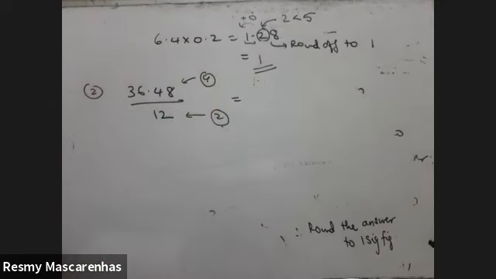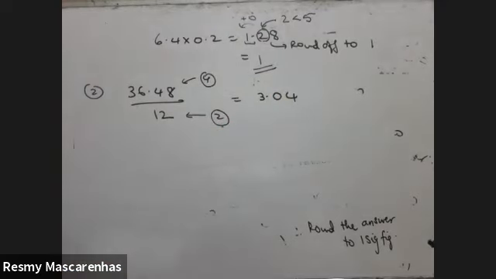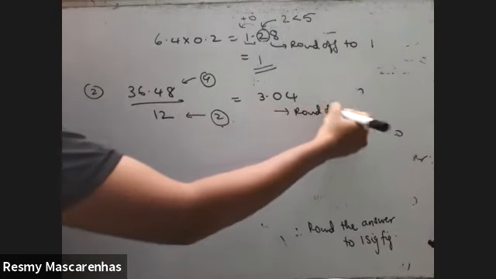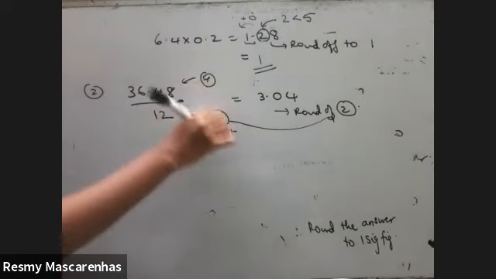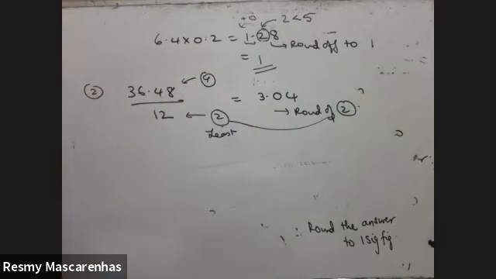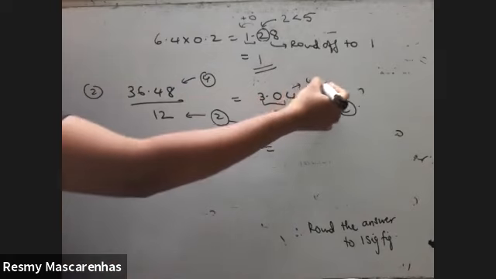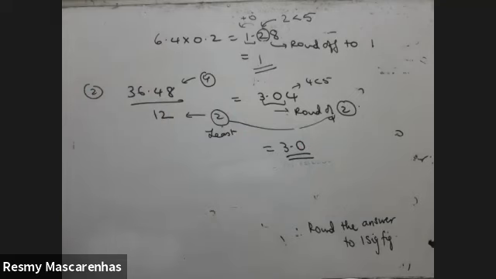If you calculate, you will get 3.04, because of rounding off to 2. Rounding off to 2 means 4 is less than 5, so nothing will happen. 0 will be my answer.